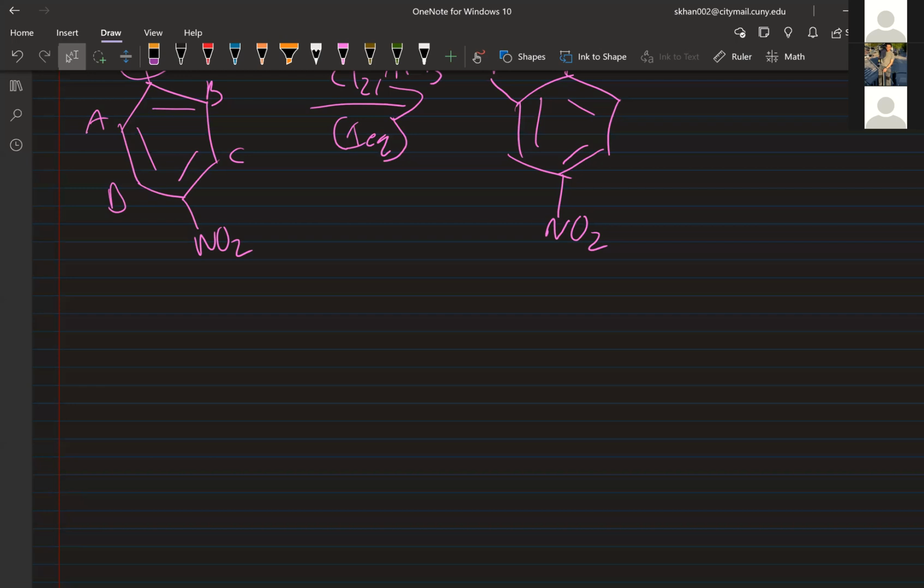It's just kind of different than what you might have seen. It's not a Diels-Alder per se, but kind of is. It's a 4+2 cycloaddition.